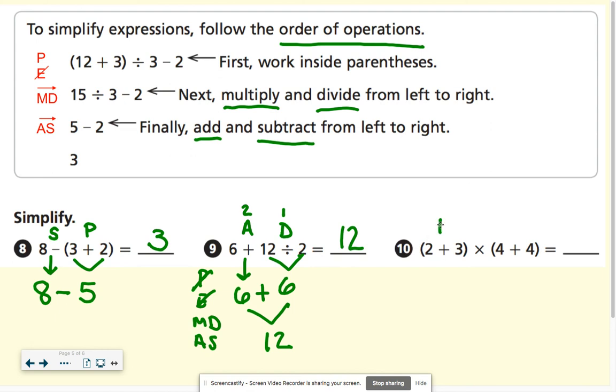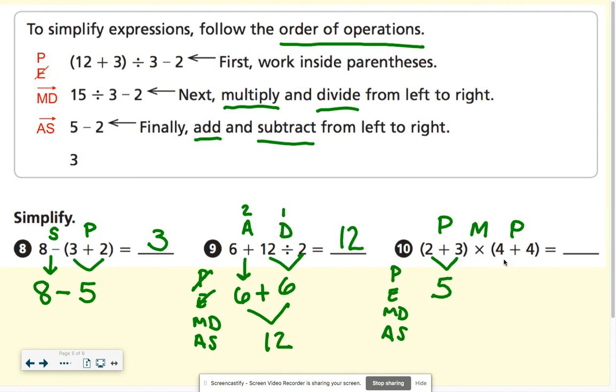Okay, I have a set of parentheses, a set of parentheses, and I have multiplication. Now, you have to do parentheses first in PEMDAS. And a lot of people would say, but there's 2. Well, do the left one first and then go to the right one. 2 plus 3 is 5.